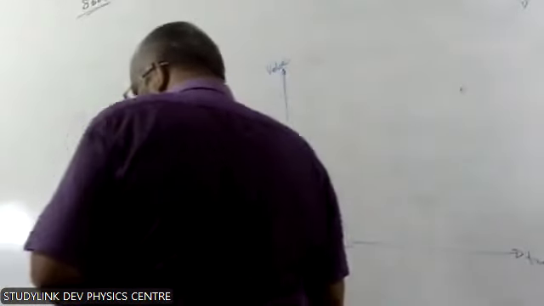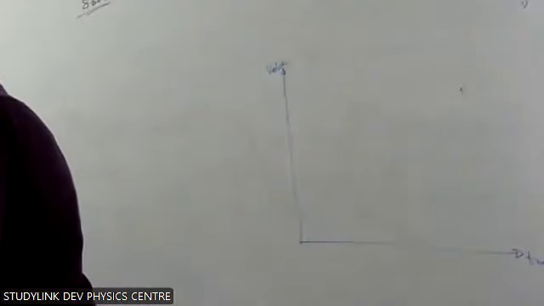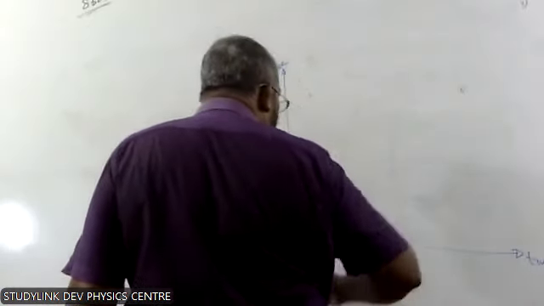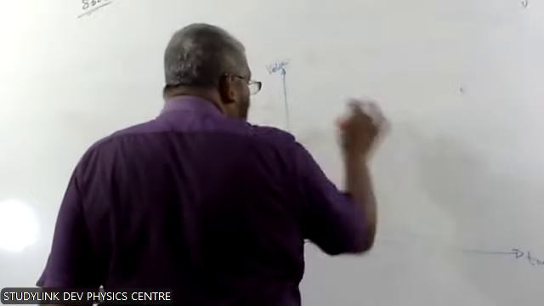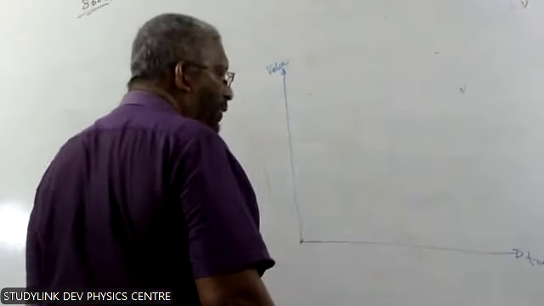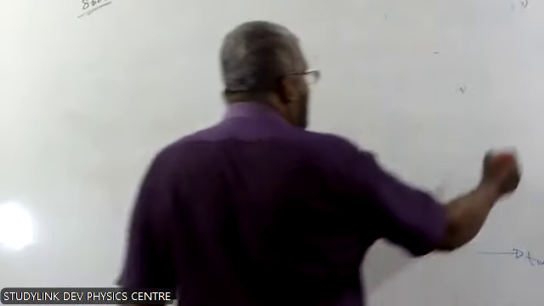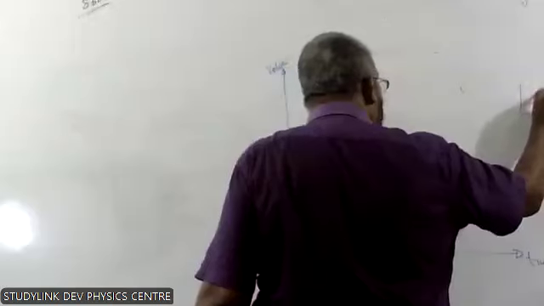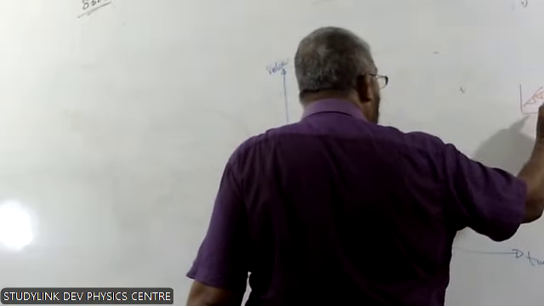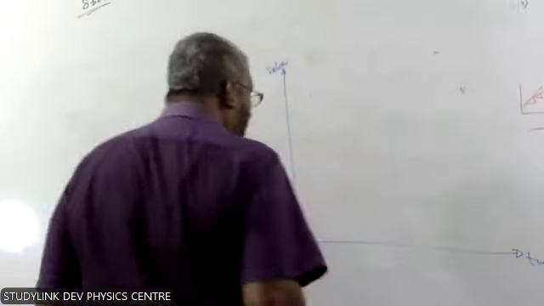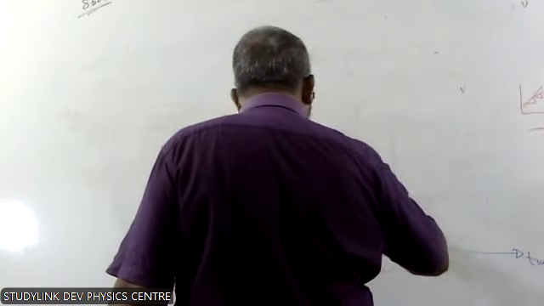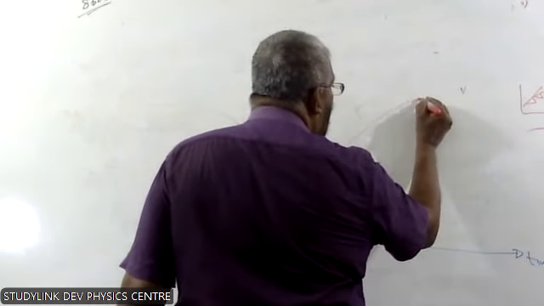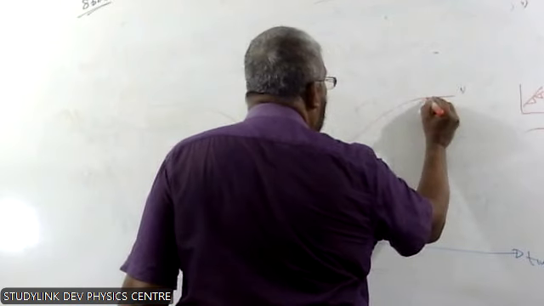At the beginning, the velocity of the sphere was 0, so start from here. But we know that the gradient of a velocity-time graph is acceleration. Gradient is the inclination. So acceleration reduces, that means this inclination should reduce, and it should come to 0 also. Therefore, the graph is like this. Acceleration reduces and it comes to a horizontal line.